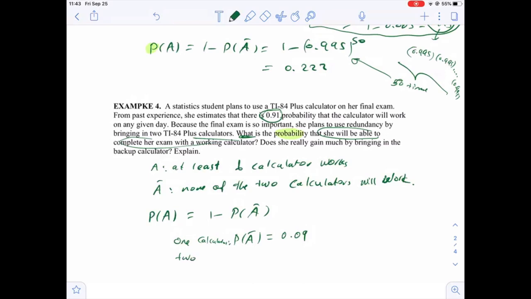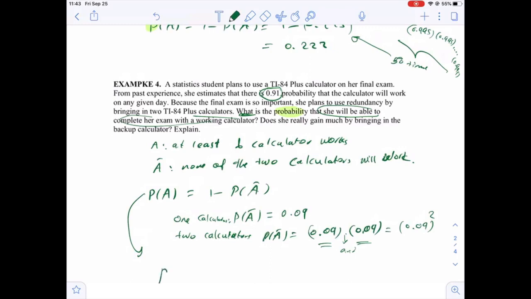For two calculators, the probability of A complement is 0.09 for the first times 0.09 for the second. So the first one will not work and the second one will not work, so we get 0.09 raised to the power 2. Now we can find the probability that at least one calculator will work. That is 1 minus this number here, 0.09 raised to the power 2, and after computing this we get 0.992.